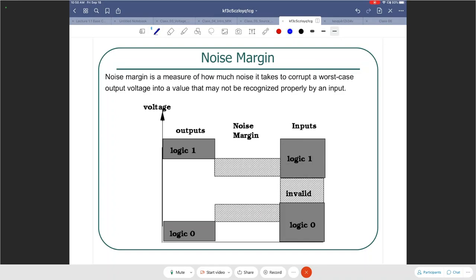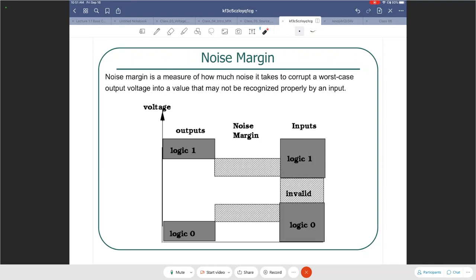Now, I'll read the statement first and then I'll talk about how we can relate to noise margin better. Noise margin is a measure of how much noise it takes to corrupt a worst case output voltage into a value that may not be recognized properly by an input.